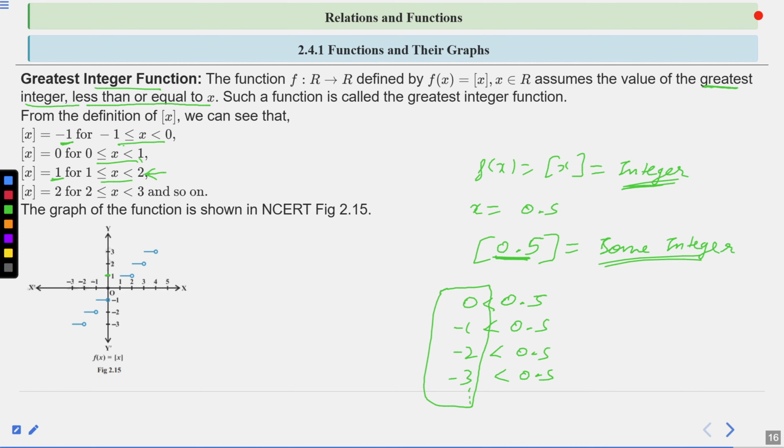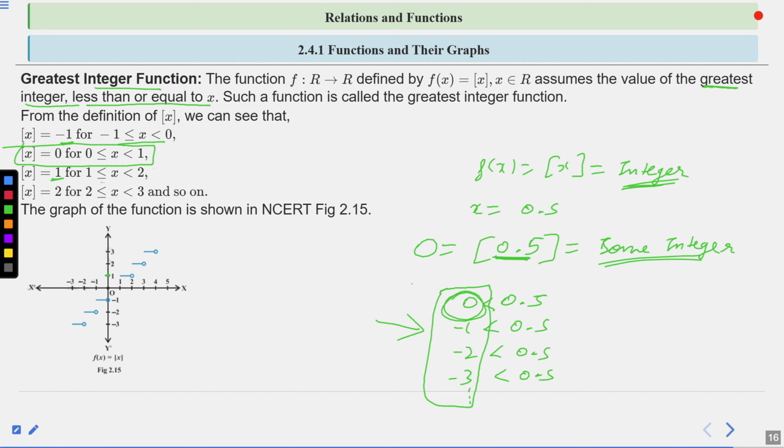Clear? Now I want the greatest integer among the list. Which number is my greatest? This 0. Yes? So the output is going to be 0. Is it clear how we got it?